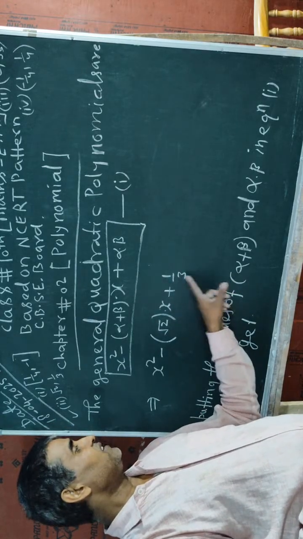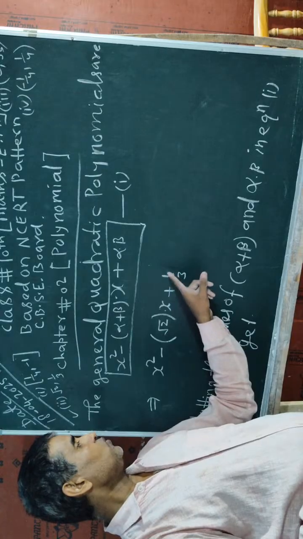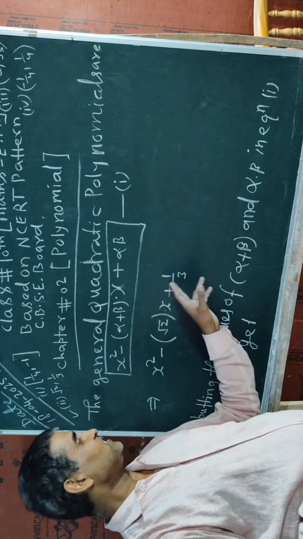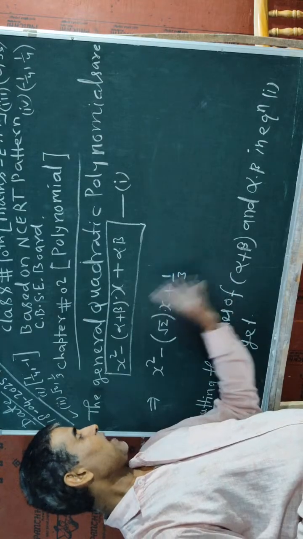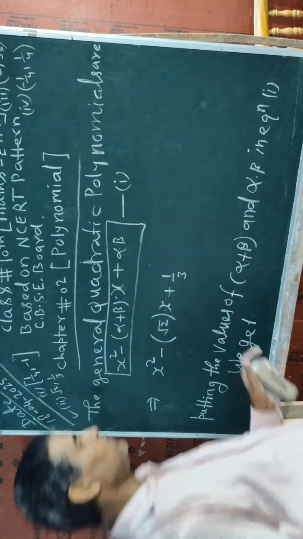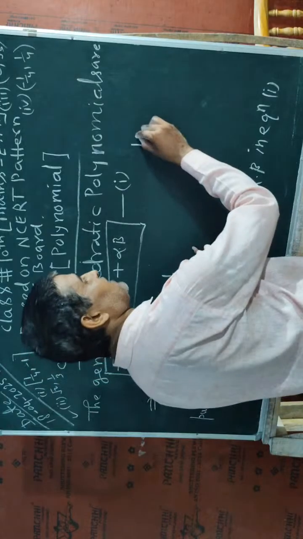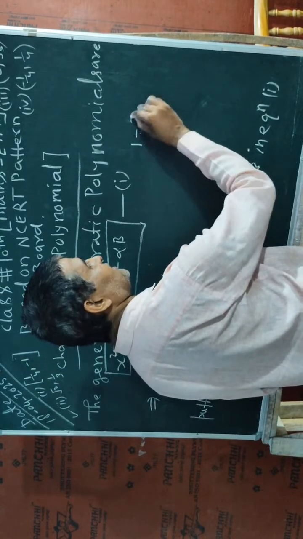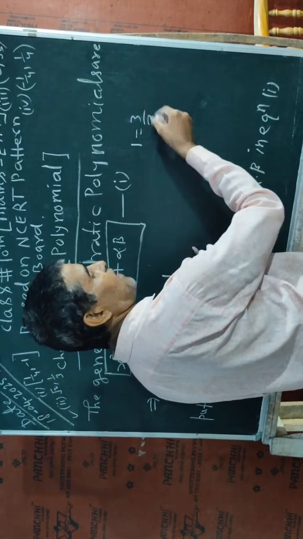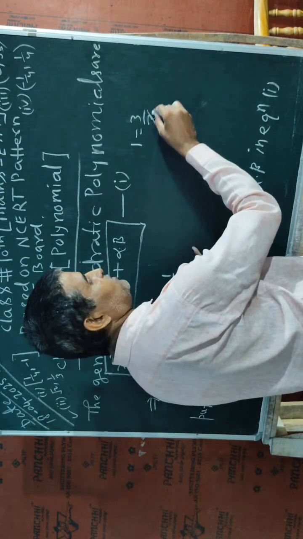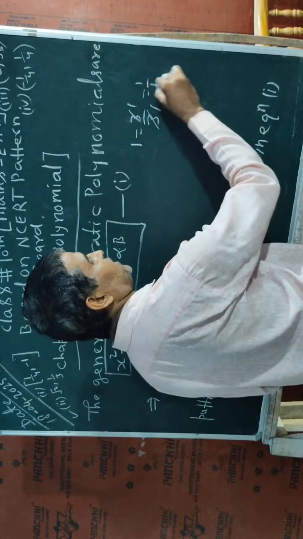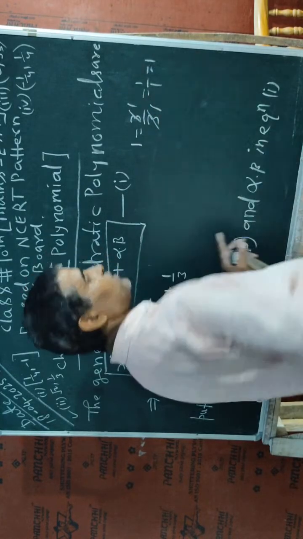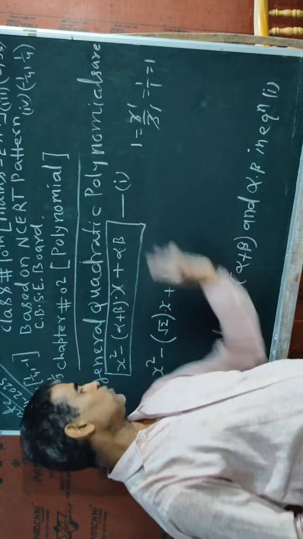There is one process for how we take 1 by 3 common, and I am going to utilize that concept, because in the place of 1 I can write 3 by 3. If I simplify it, 3 ones are 3 and 3 ones are 3, so it becomes 1 divided by 1, that is 1. Okay student, so this concept I am going to use here.